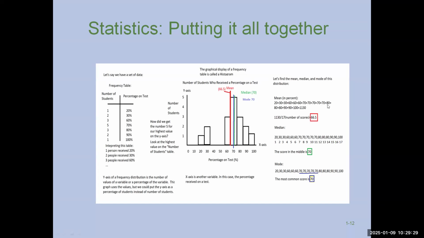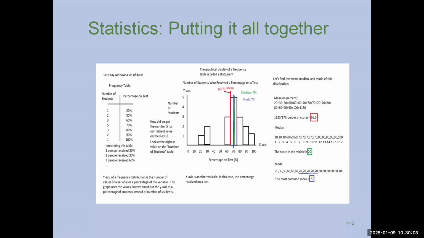And then we have three students at 92, and one at 100. So the total sum is 1130, divided by 17, so we got the mean. That is what it means when you identify the mean value.